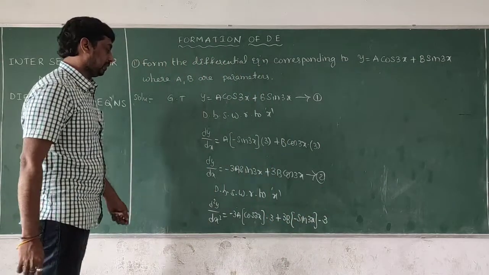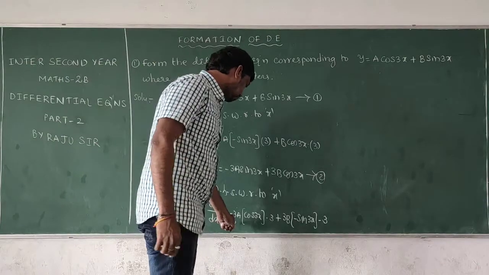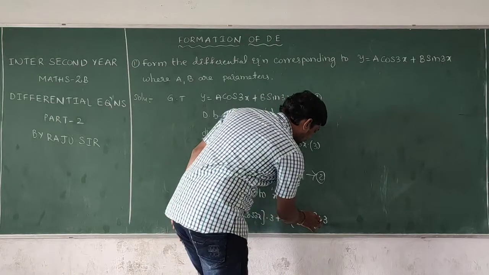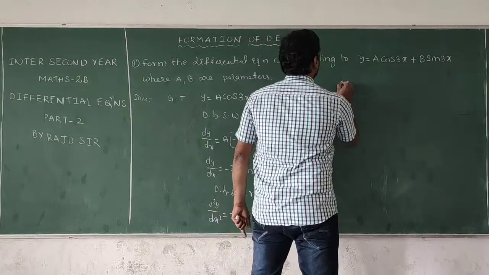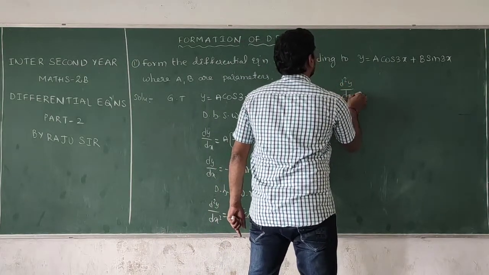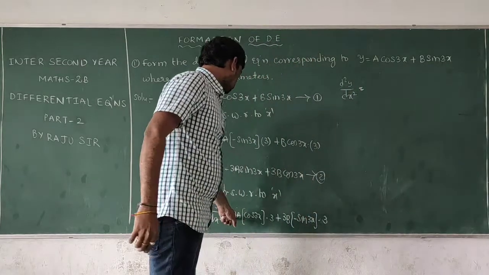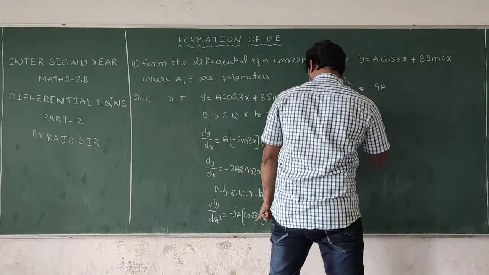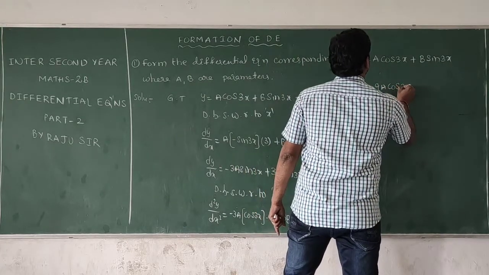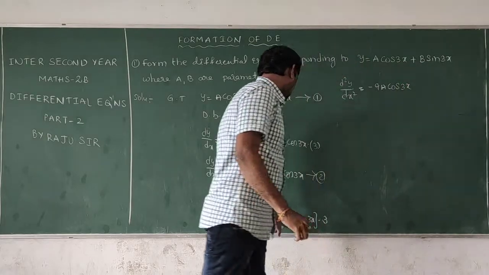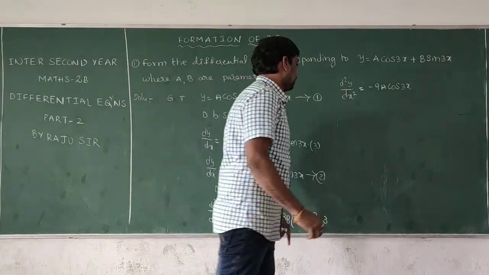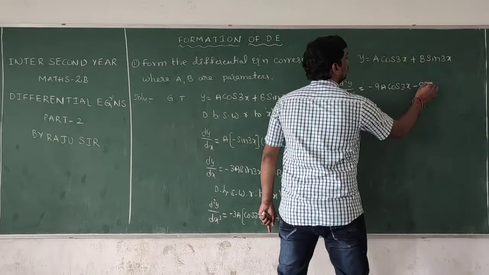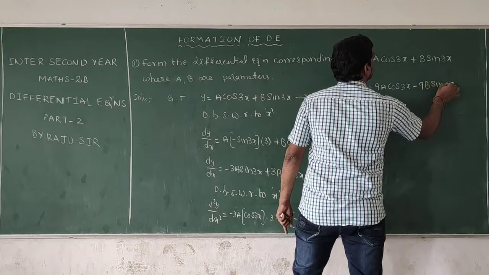Is it clear? Right. Next, here 3 into 3, 9. Simplify this first. d square y by dx square equal to minus 3 into 3, minus 9a cos 3x, plus into minus, 3 3s are 9, minus 9b sin 3x.